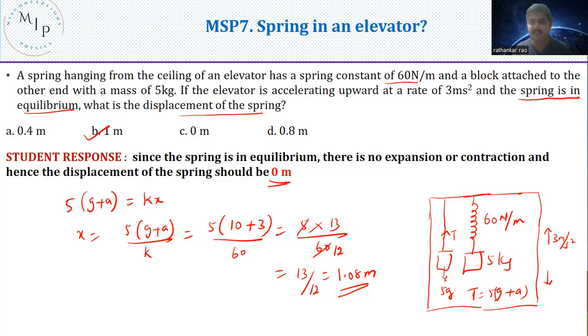Why should it oscillate? Unless you are inside the lift and you pull it like this, or the lift is shaking up like this, it will not oscillate. Nothing like that is happening. So it should keep on being in the equilibrium position only. So equilibrium position does not mean that there is no expansion.